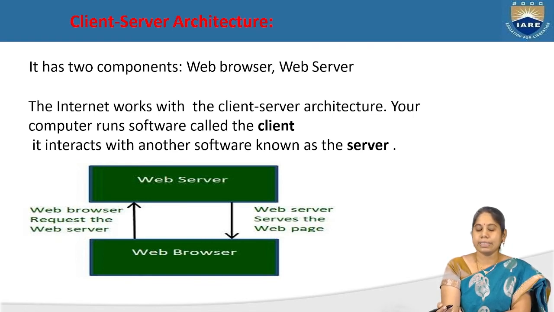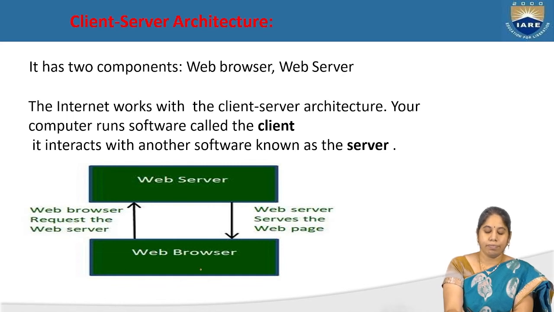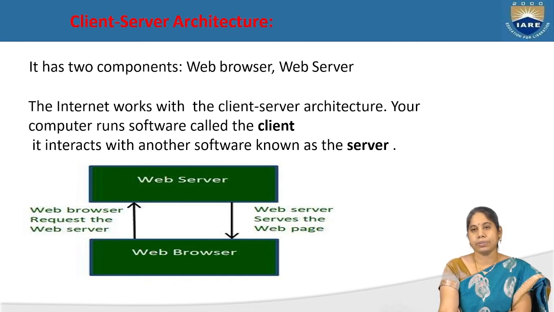Your computer runs software called the client, where you are typing the websites. That is nothing but the client browser. It interacts with another software known as the server. So from the web browser, the request is sent to the web server, and the server sends the response back to the browser.